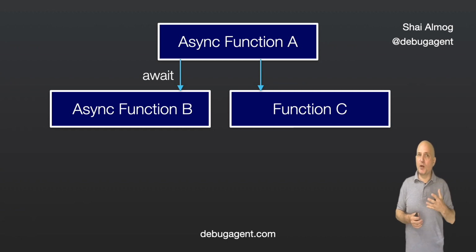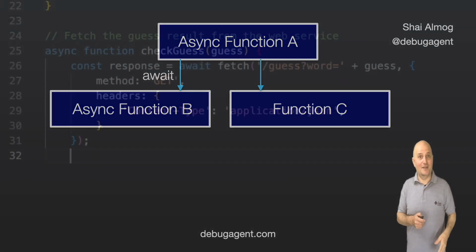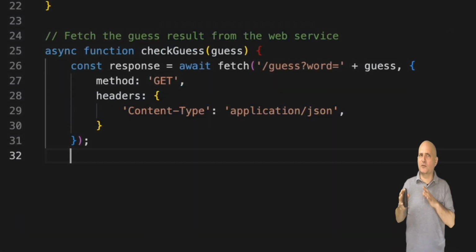When we try to debug JavaScript code, it's really hard to see which function invoked which one because all the functions are invoked asynchronously. If there's a failure in a function B and we print the caller to function B, it isn't function A. Getting back to the code, since checkGuess is asynchronous, this call doesn't block.